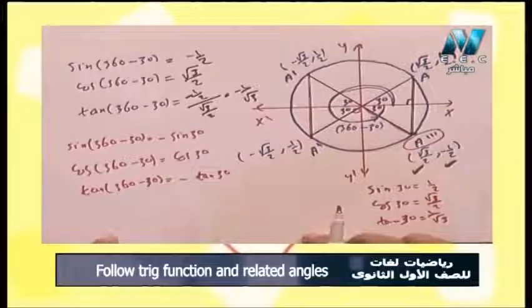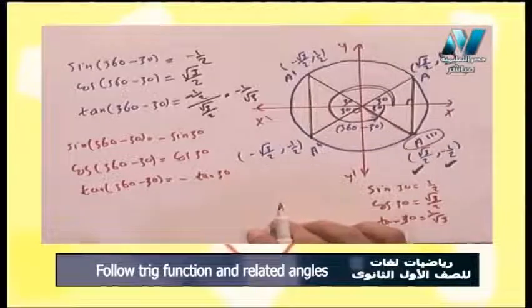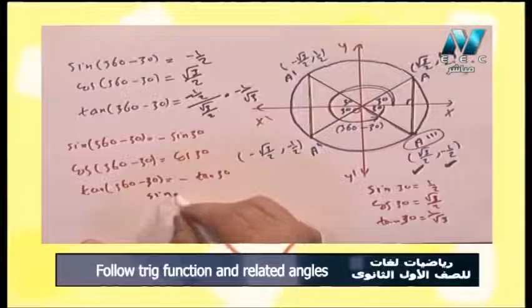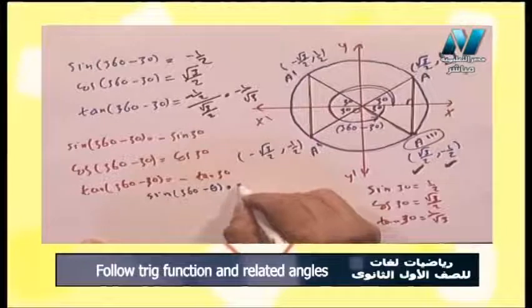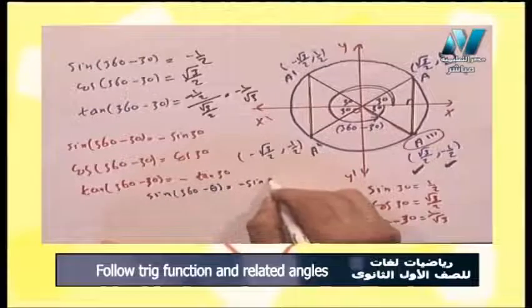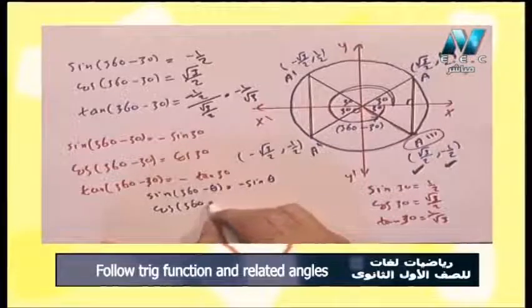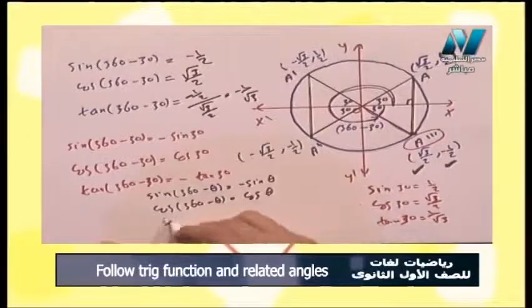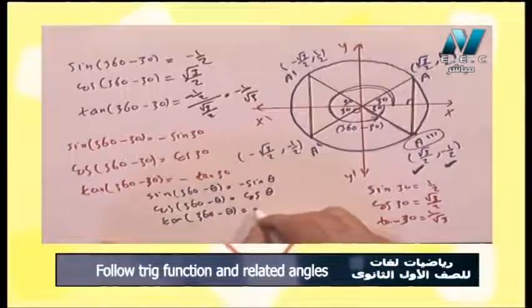And of course we can generalize that over all angles, as we deal with acute angle, and we can say that sine 360 minus theta equals negative sine theta, cosine 360 minus theta equals cosine theta, tan 360 minus theta will equal negative tan theta.